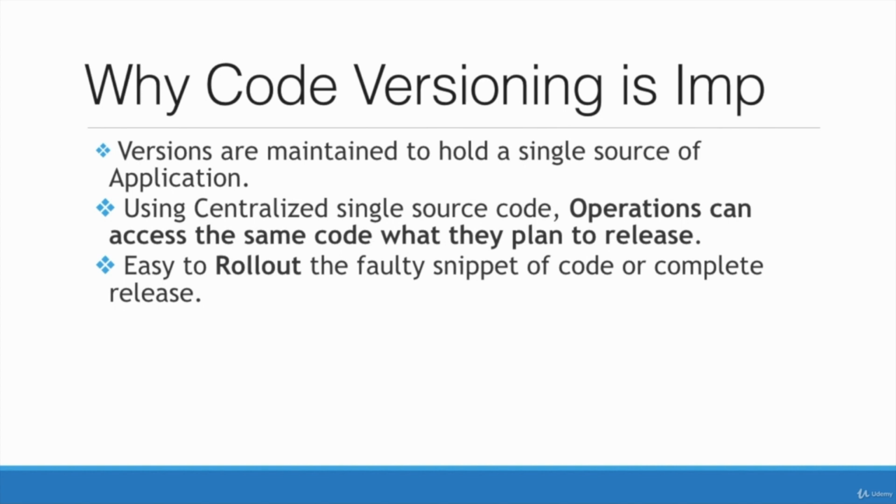Now, first we will discuss why code versioning is important. Versions are maintained to hold a single source of the application. When we are doing versions, we are merging our code in our integration branch, or you can say in our application code. Let's take a scenario: you are not versioning your code. You just created a 1.0 branch on your version control system, and you are pushing every code into that particular branch.